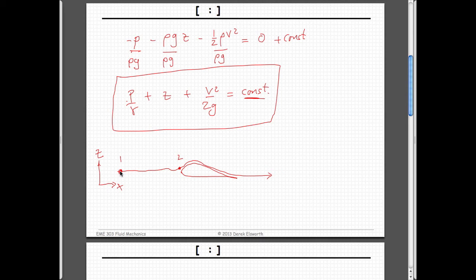So the particles of fluid that go through this point have to ultimately pass through this point sometime later, and then ultimately pass through here, as the definition of a streamline. And if that's the case, then we can just write Bernoulli's expression between these two different locations, just by writing it upstream and writing it downstream.